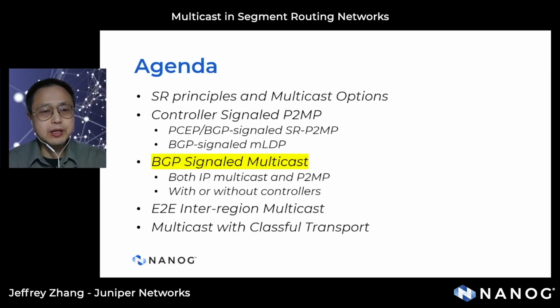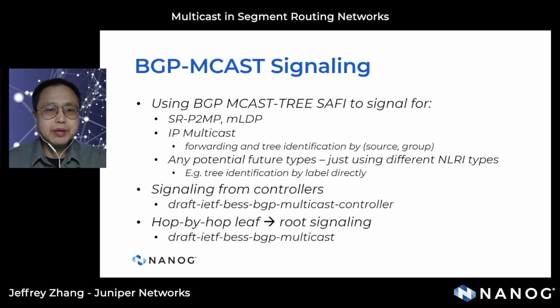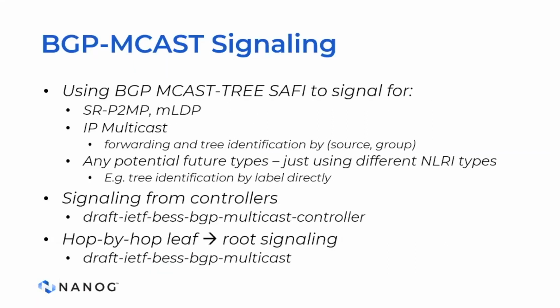Now, let's focus on BGP signaled multicast. BGP-MCAST signaling basically uses a new BGP SAFI called MCAST-TREE SAFI to signal SR P2MP tunnel or MLDP tunnel or IP multicast or any potential future new types.